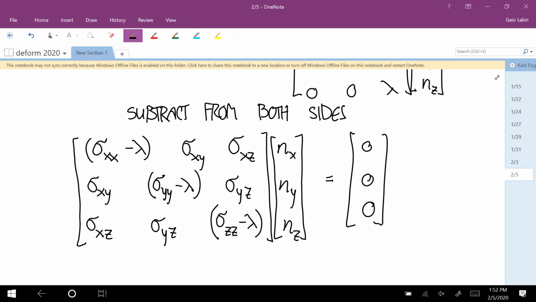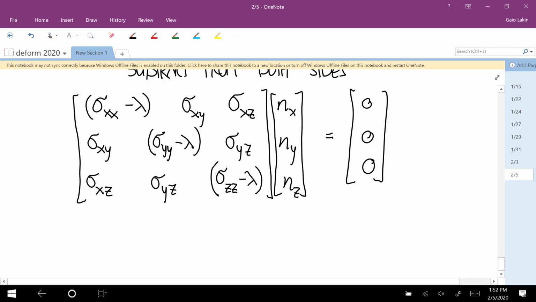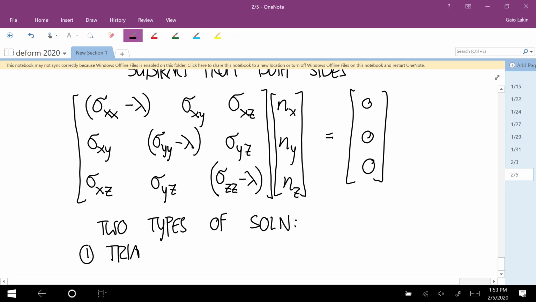There's two types of solutions to this. The first one is the trivial solution.